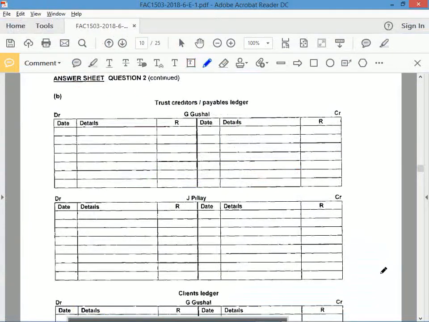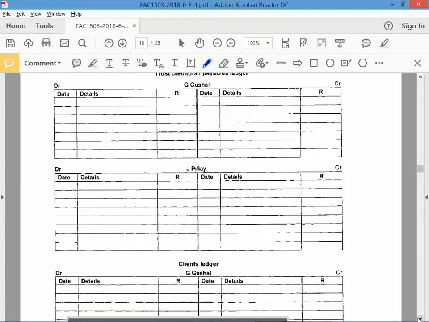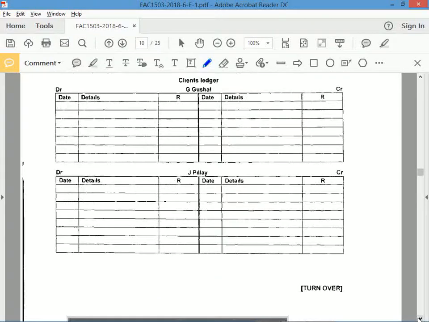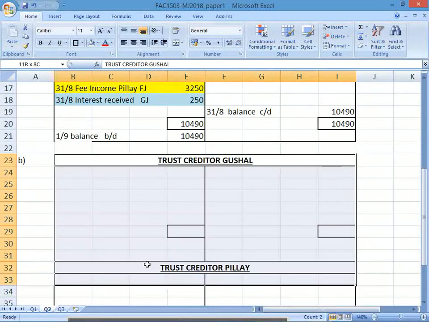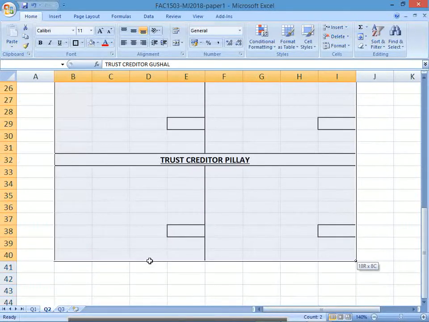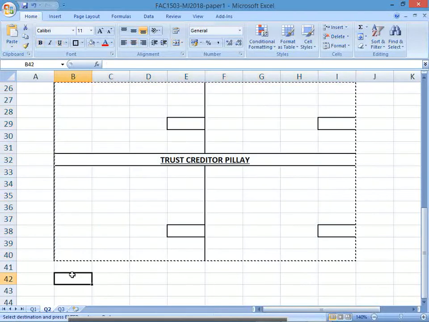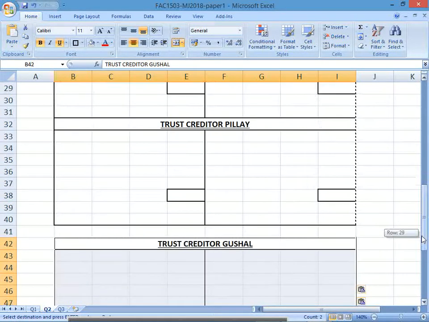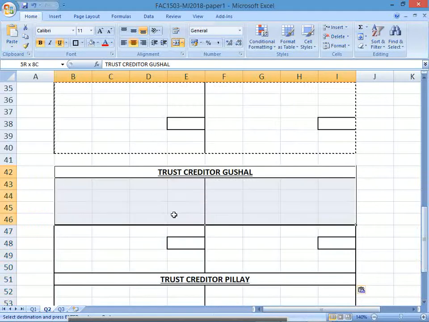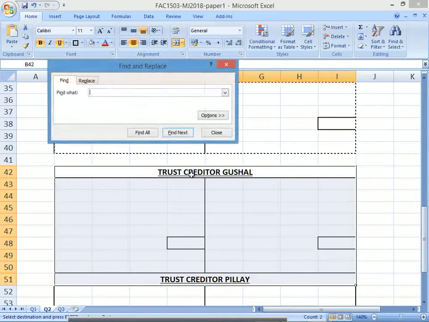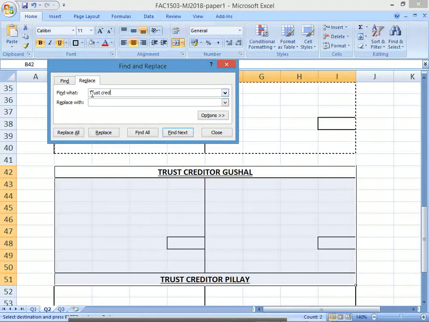What else do we have? Then we've got the client's ledger. Okay, those two. Yeah, just two again. All right, so copy paste these two again. And then we need to change the trust creditors to client control or client accounts.